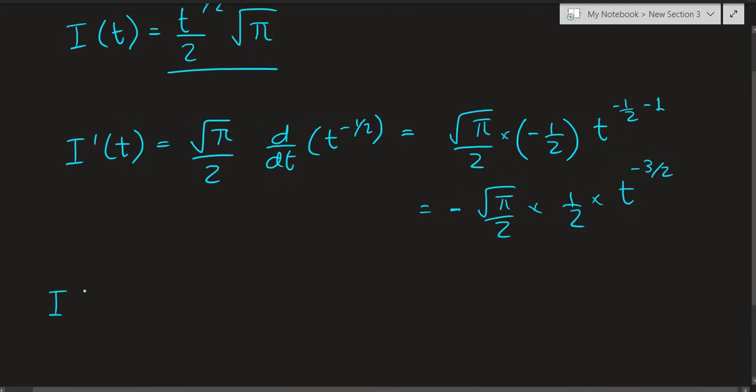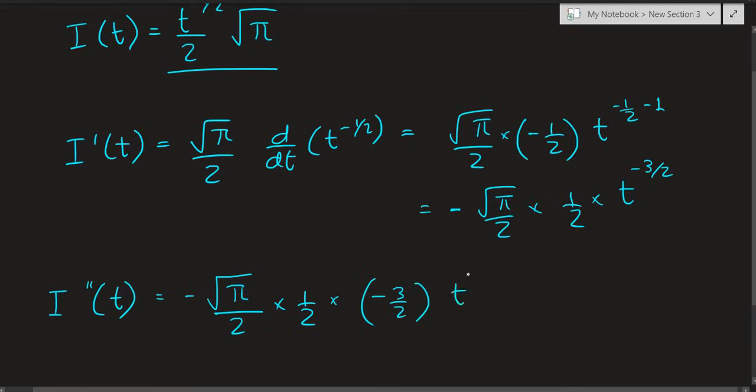We can do this for I double prime of t too. So we have to differentiate this again with respect to t. So we have negative square root of pi over 2 times this existing half times, we bring the power down, negative 3 by 2 times t to the negative 3 by 2 minus 1. So this negative and this negative will cancel out.